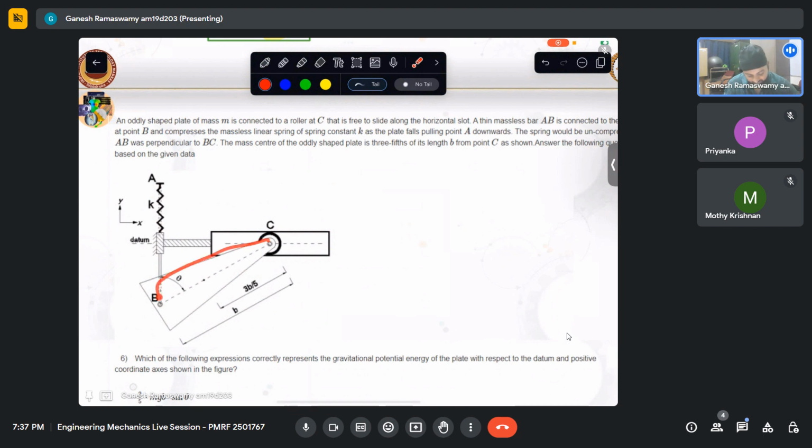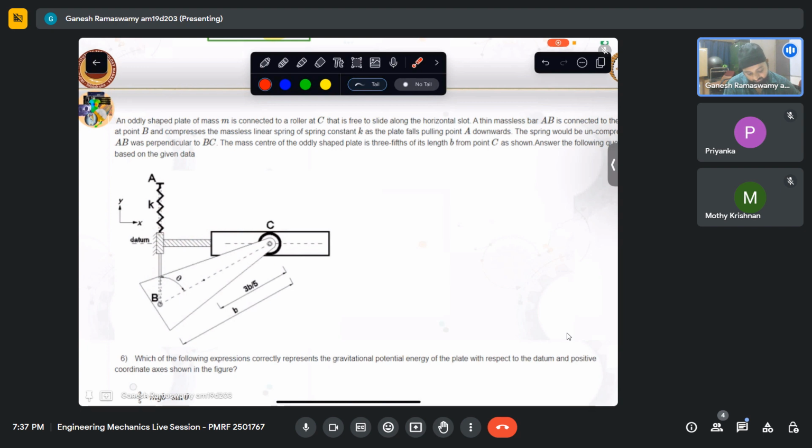When this was straight, it would have been like that, in which case this theta would have been 90 degrees. And in such a condition, the spring would have been like that. Now the spring has elongated like this. So I hope that that is clear. Elongated till this point. Okay, with this understanding, let us read the question.